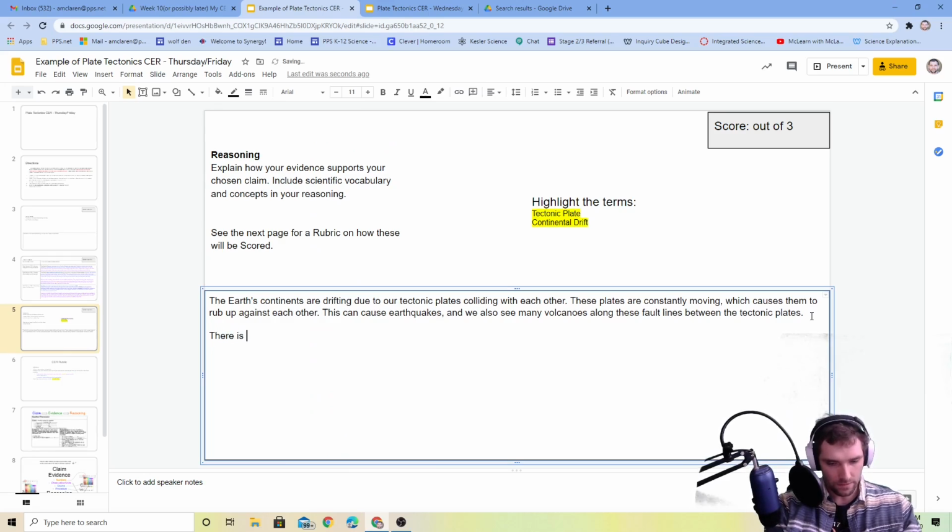There is also strong evidence that all of our continents were once together, and that plate tectonics have pulled them apart, and in some cases made continents collide.